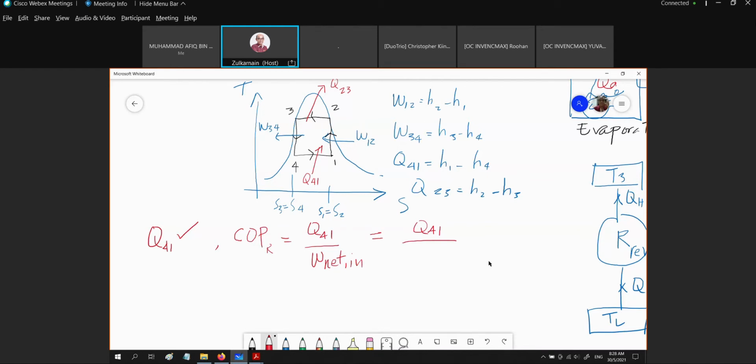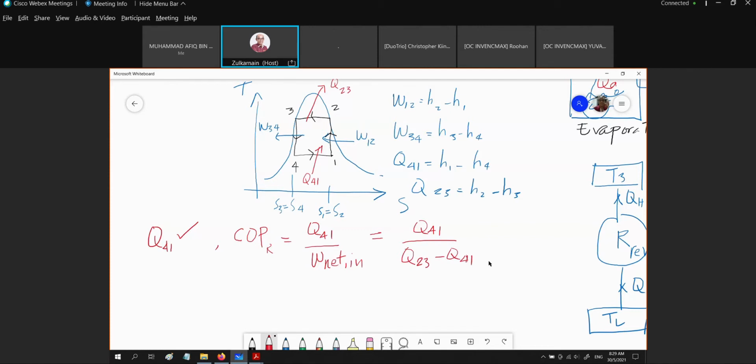The W net in for a cycle is equal to the summation of Q. In this case, the summation of Q is the Q rejected, Q23, minus Q41. Apart from that, Q41 could be obtained from the difference in enthalpy, because this is the isothermal heat absorption and this is the isothermal heat rejection.